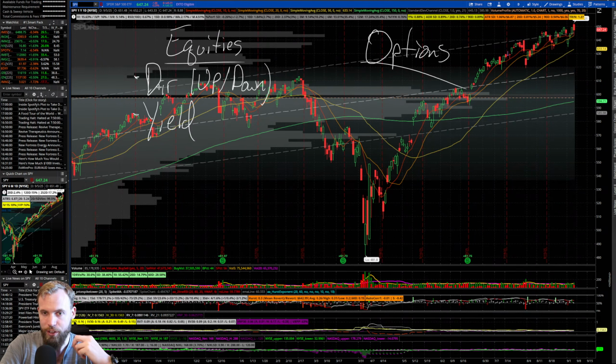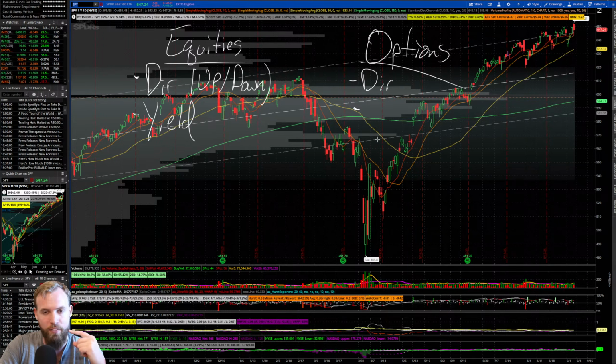Also, within direction, I include things like stock buybacks, because it's kind of the same thing as a dividend. It's a way to pay your shareholders. But with a stock buyback, the way that that's manifested is through direction. Now, for options, we maintain the same idea of direction. We strip away yield. You don't get a yield anymore.